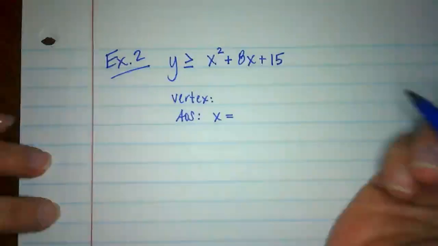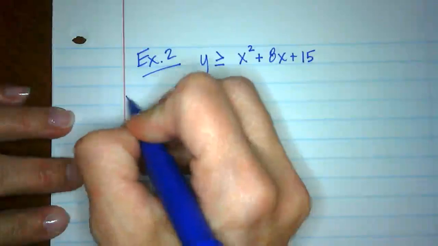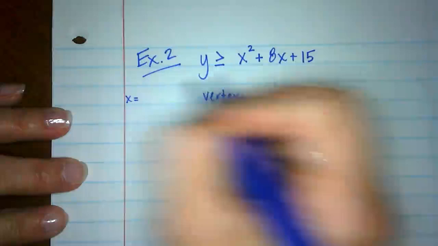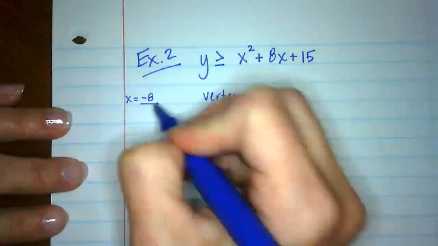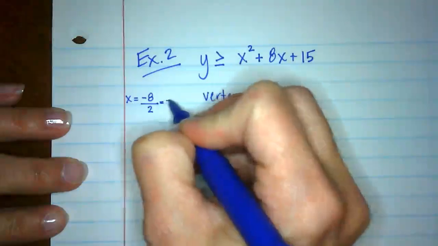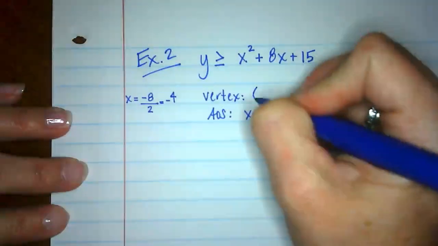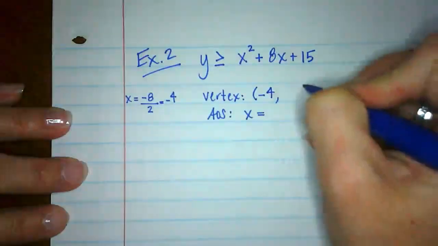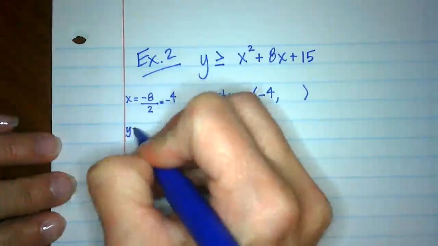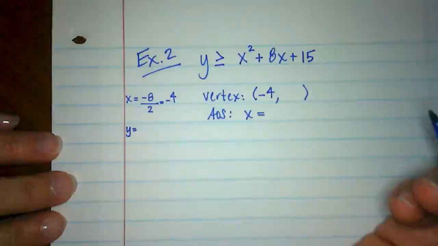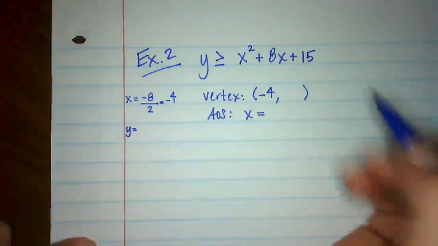First up, -b, so that's -8, over 2a, which is 2, so that's -4. So our vertex is going to be -4 something.